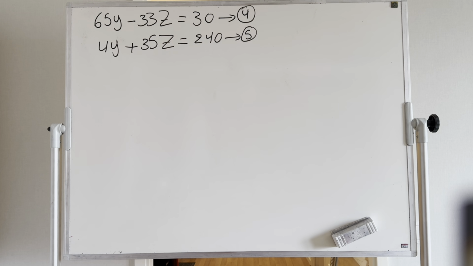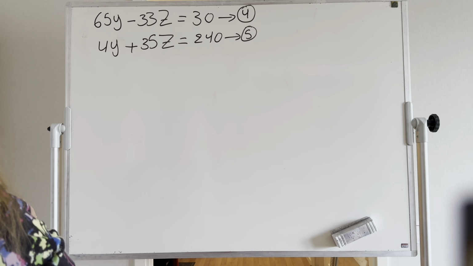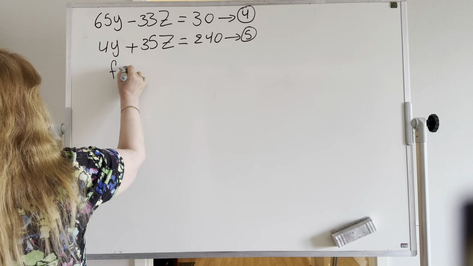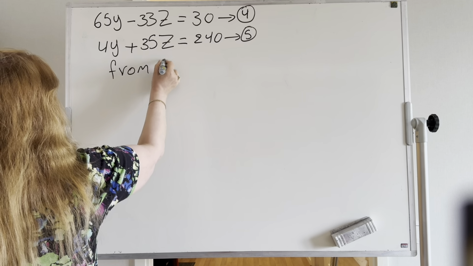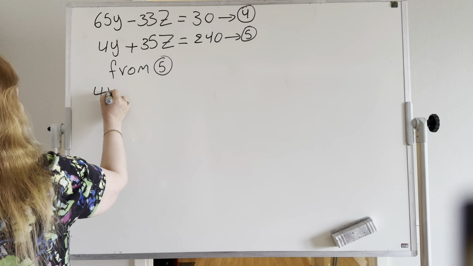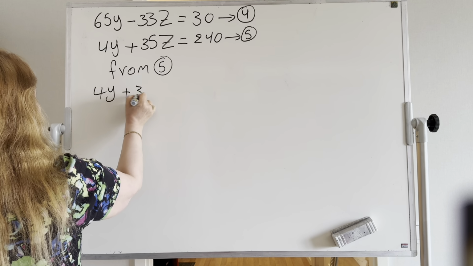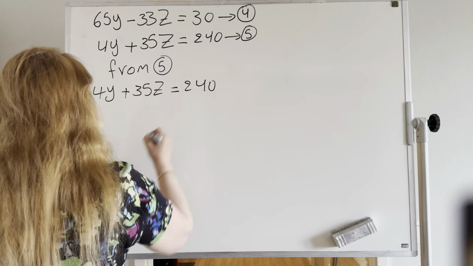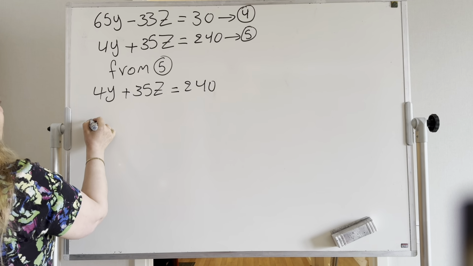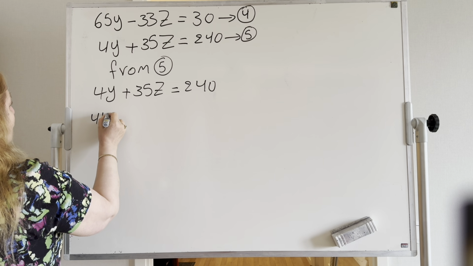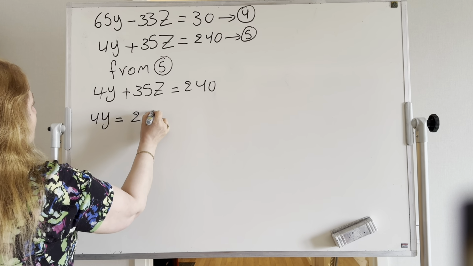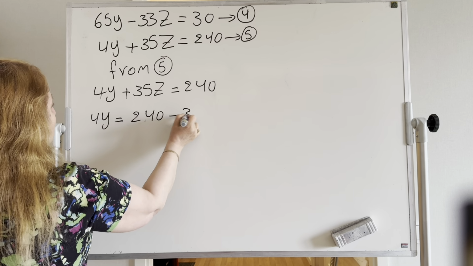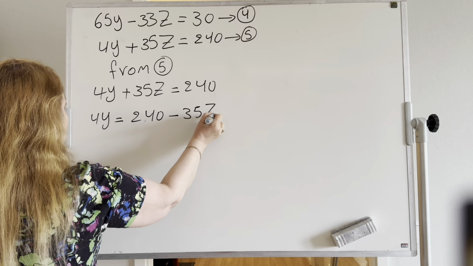From the fifth equation, I will get y from 4y plus 35z equal 240. 4y equal 240 minus 35z.